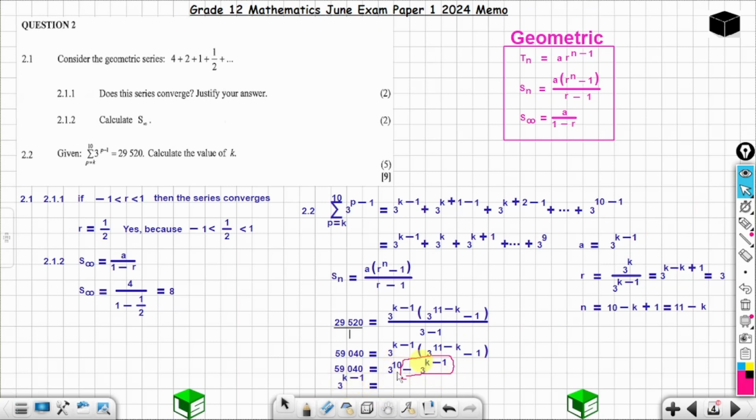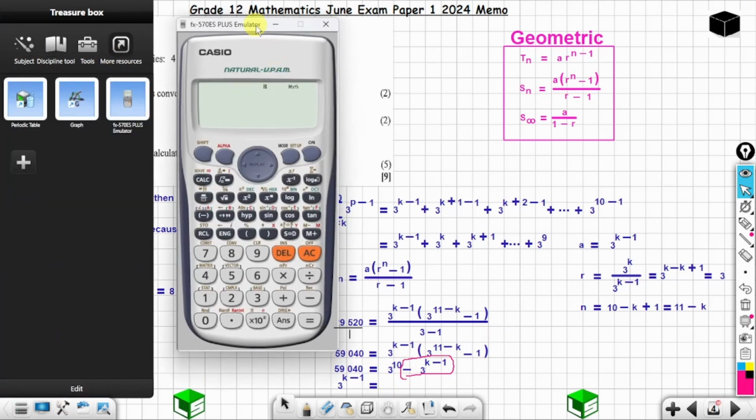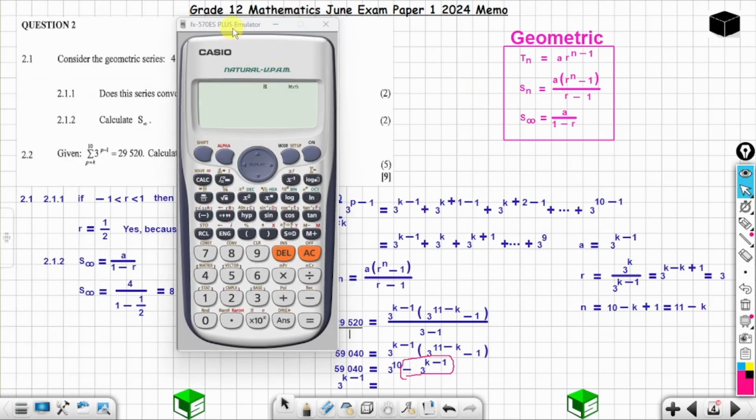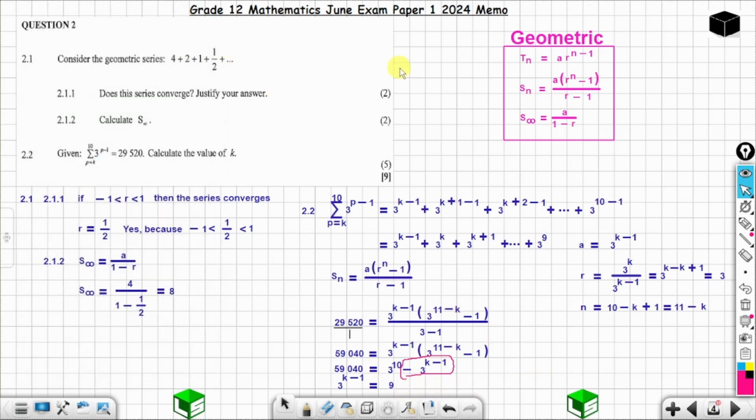This is equal to, on the right side, you have 3 to the power of 10, and you bring this to the right, minus 59,040. You have 9. Can you see that? You can change 9 so that you have the same bases.